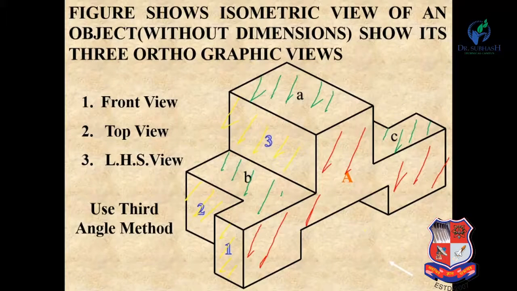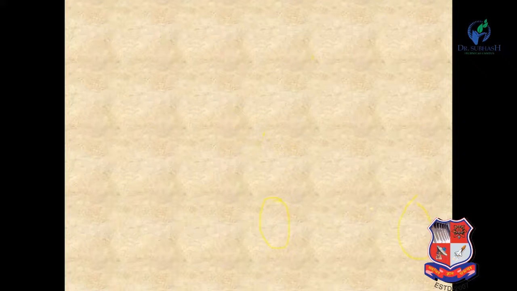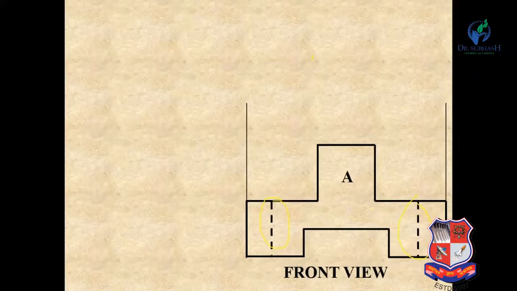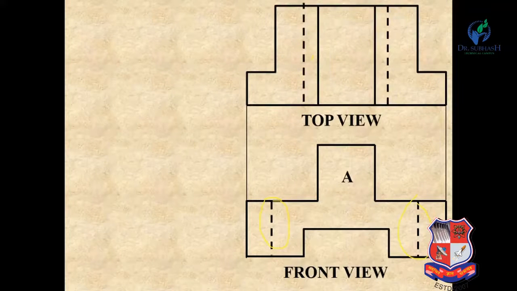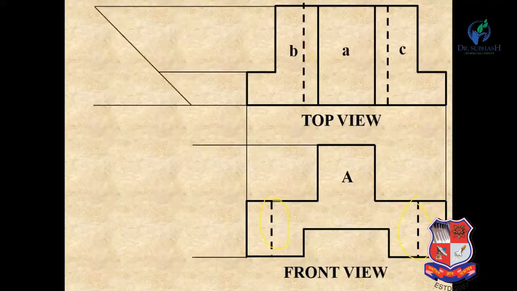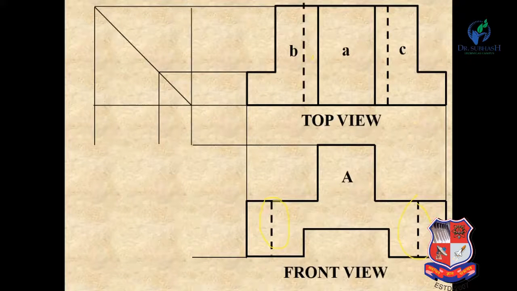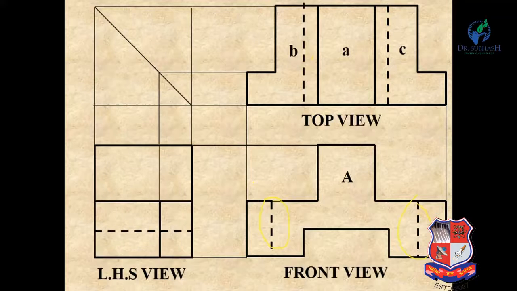This portion you can't see in the top view, so it is shown by dash line. This is portion A, B and C. And similarly for the side view, the left hand side view is to the left of the front view. So you can see like this.